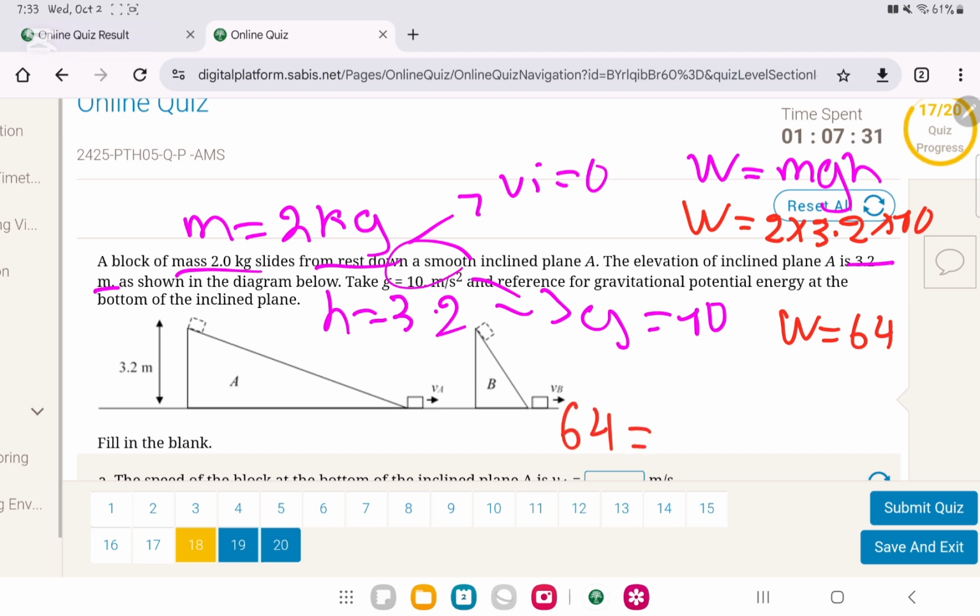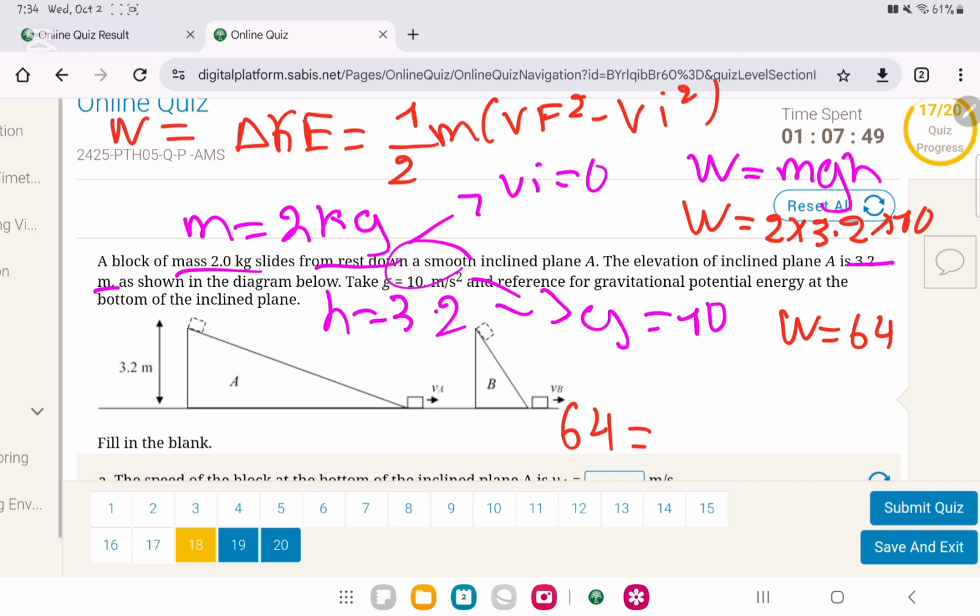Now, the speed of the block at the bottom of the inclined plane, according to the work energy theorem, W is equal to delta KE, which is 1 over 2 mass times V final squared minus V initial squared. Okay, so substitute it. 64, which is our work, is equal to 1 over 2, the mass, which is 2, times V final squared minus V initial squared.